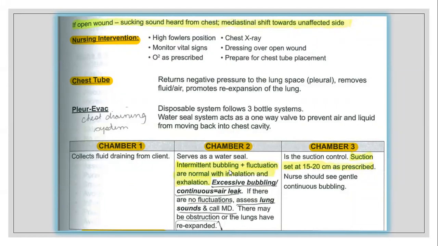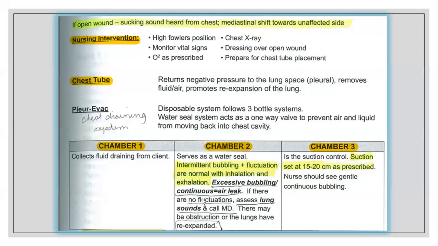Intermittent bubbling and fluctuation are normal with inhalation and exhalation. As I told you, in the water seal chamber, continuous bubbling is not good, but intermittent bubbling is a good sign. Excessive or continuous bubbling indicates an air leak.